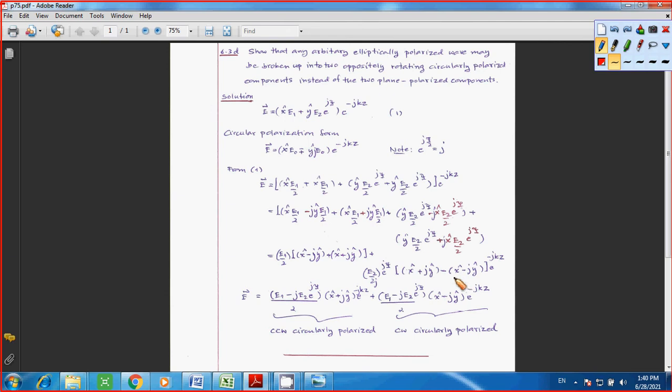Okay, so that's why I say it's a little bit tricky. And you take a look at this one here. You put this term together, so you have E1 over 2, right?